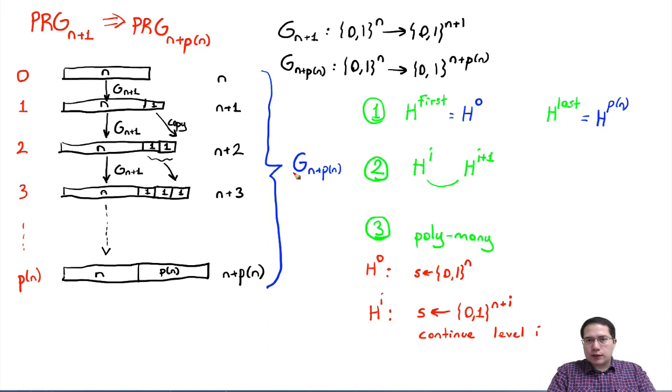This essentially corresponds to running Gn plus Pn. So pick this S and then run Gn plus Pn using this S as the input. It will give us some pseudo random value, let's say R, at the end, and the length of this R would be n plus Pn bits.